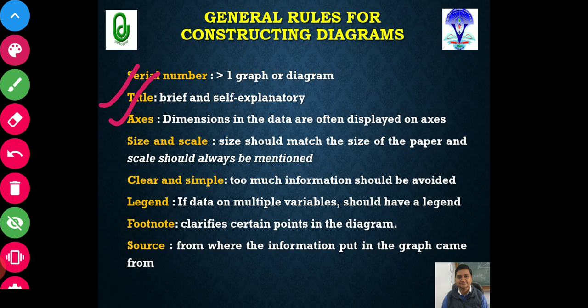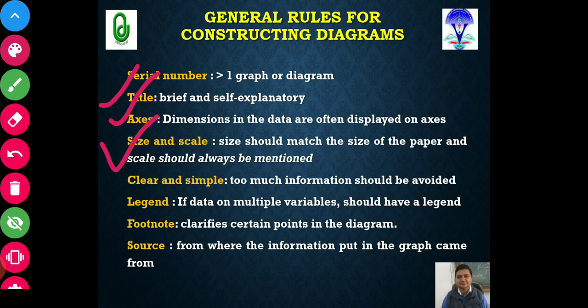Whenever you are preparing a graph or chart, you have to mention the unit or scale: how much space is equal to how many units of your measurement. That is the scale. You also have to accommodate your graph or chart in the piece of paper on which you are drawing it. So it is very important to decide the scale of the graph that you want to prepare.